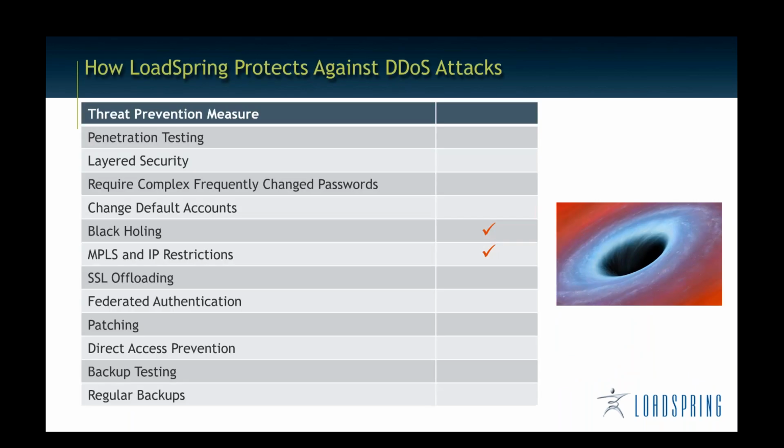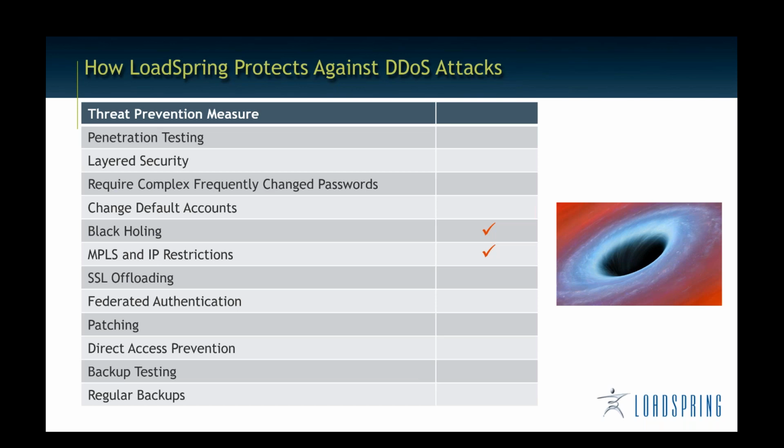So how does LoadSpring protect against denial of service attacks? This is really a partnership between our ISPs and ourselves. So we have a bunch of devices in place that will automatically detect if there is a lot of traffic coming from a particular area that does not appear to be a legitimate user, and what it will do is shunt that off or black hole that.